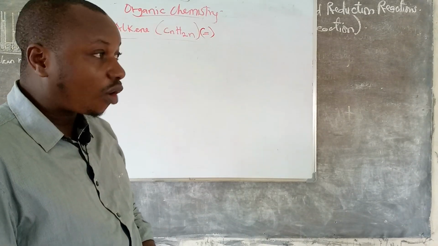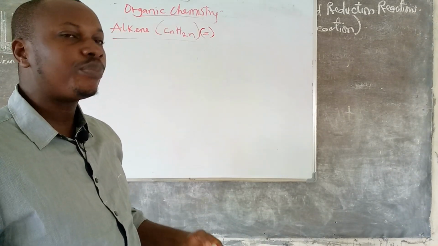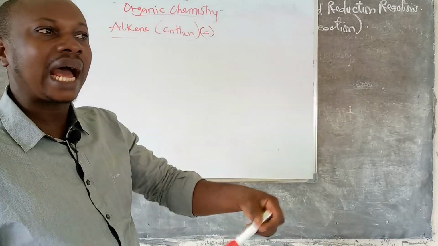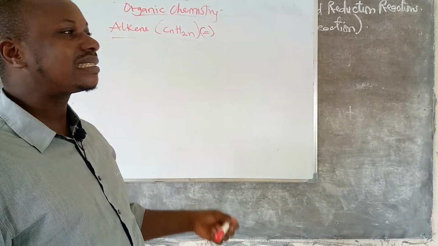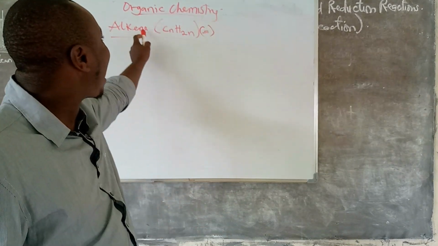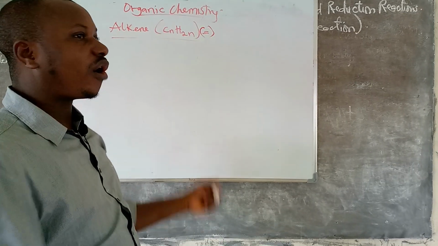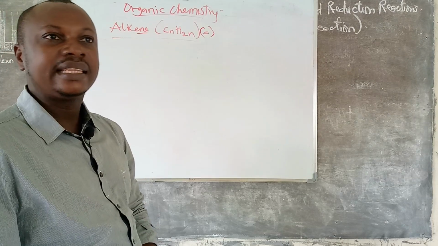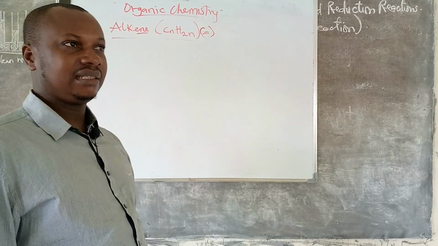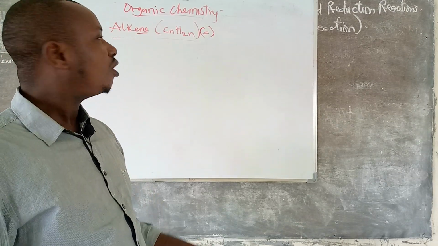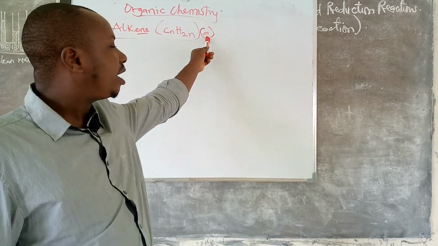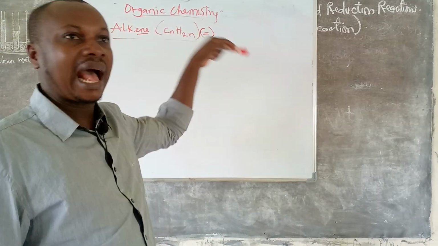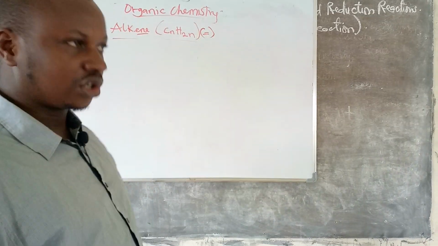Anywhere you see a compound having a double bond between carbon and carbon, that will tell you it belongs to alkene. Take note of the suffix ENE. It is unsaturated and is known by the presence of a double bond as its functional group.